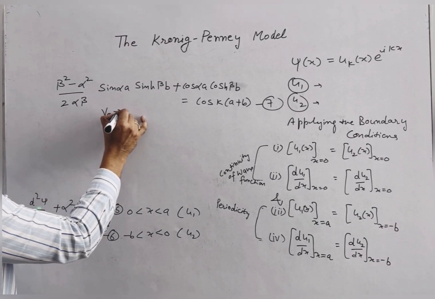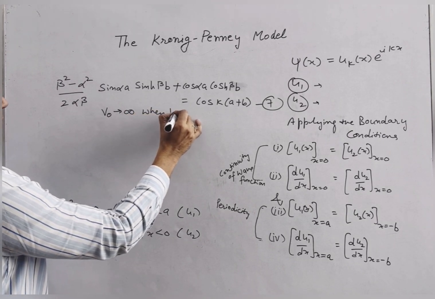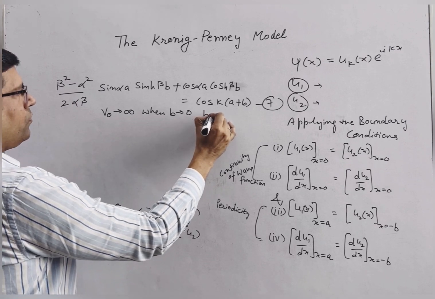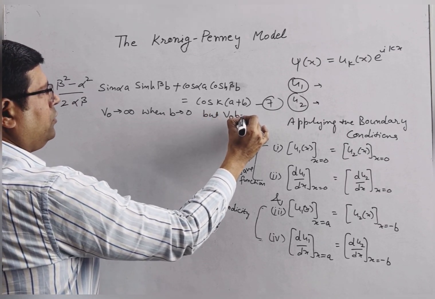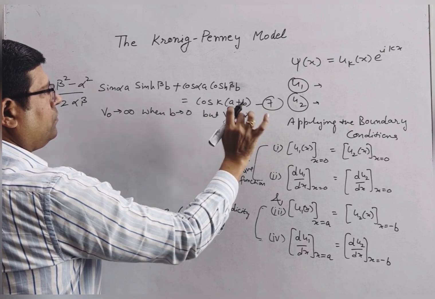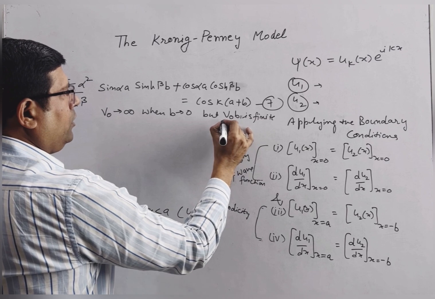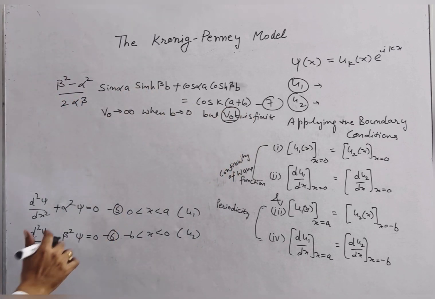V naught approaches infinity when b approaches 0, but V naught into b is finite. V naught b should remain finite.